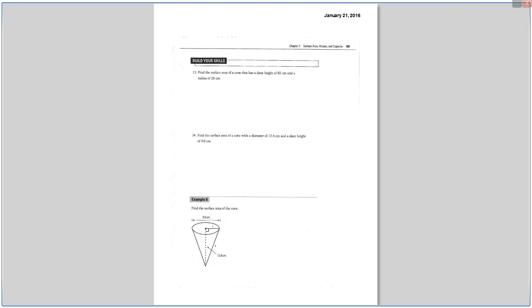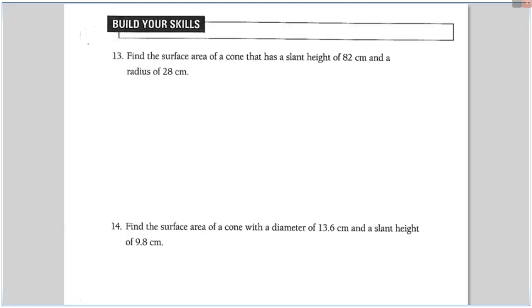Find the surface area of a cone that has a slant height of 82 and a radius of 28. So all you've got to do, guys, start it like you're going to make a triangle, and then all you've got to do is make a curved bottom.